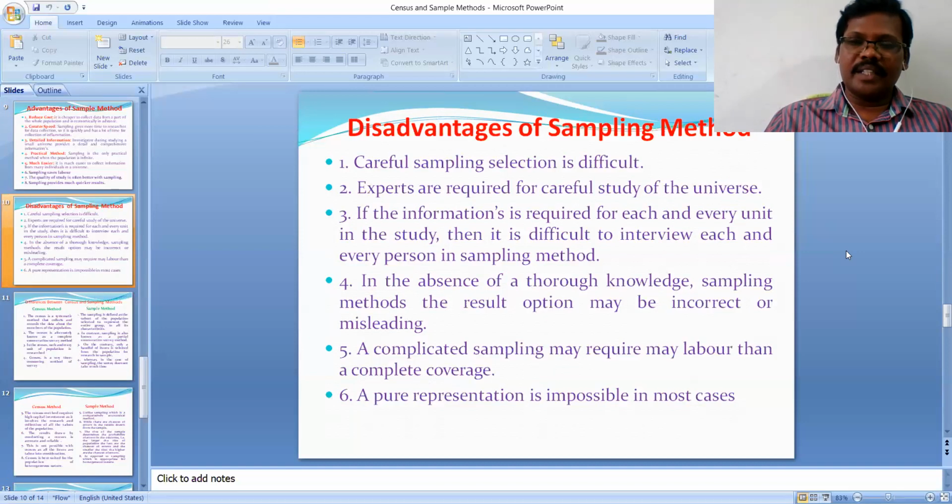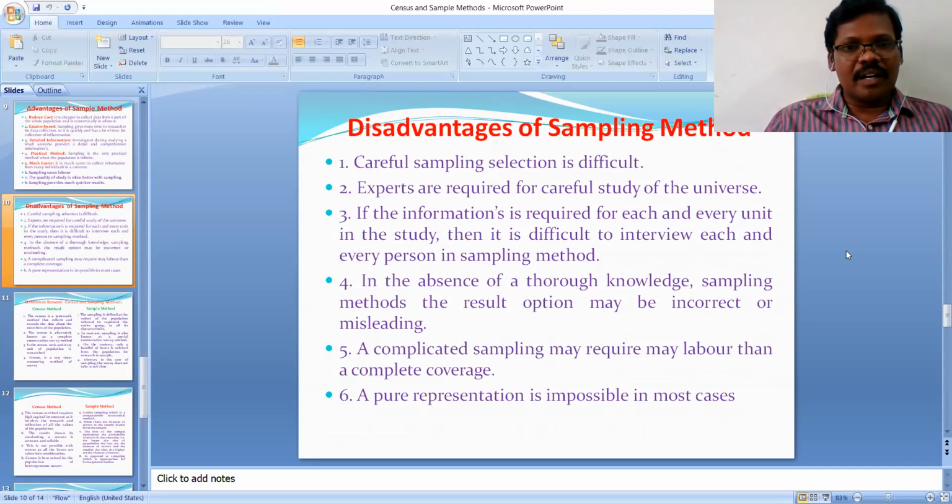When there is a population of 1000, of course we are taking around 200 or 300 as the sample size. But who are the 300? The selection of the 300 is very difficult. If you do not take care in this selection, the result analysis becomes very difficult. It may go wrong.